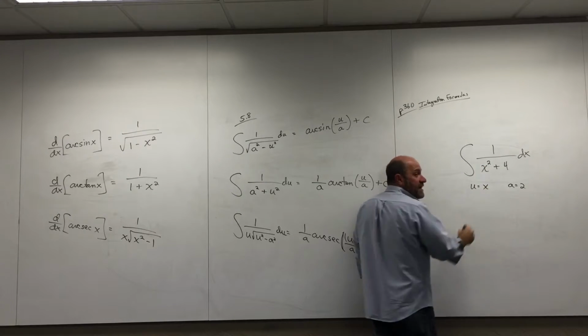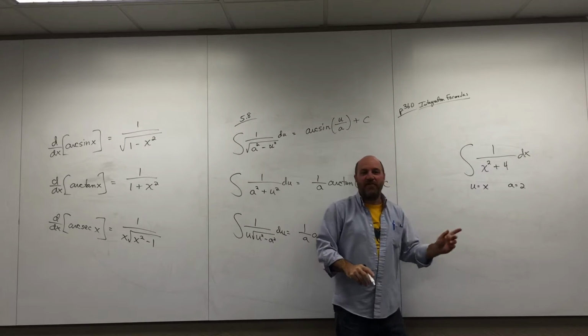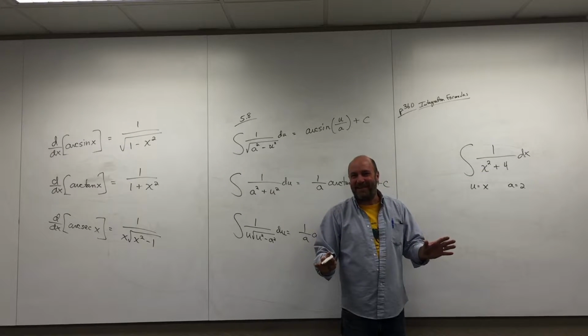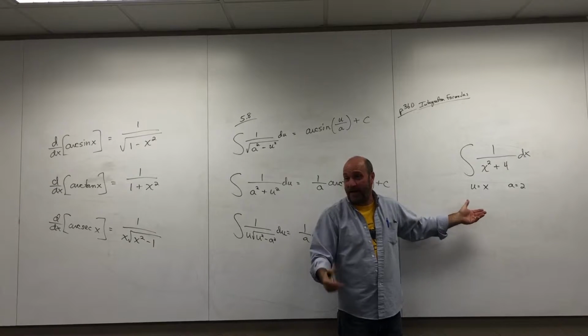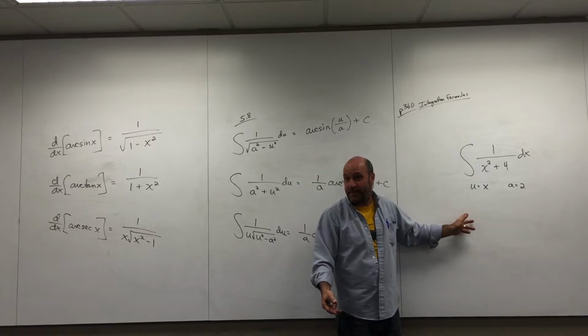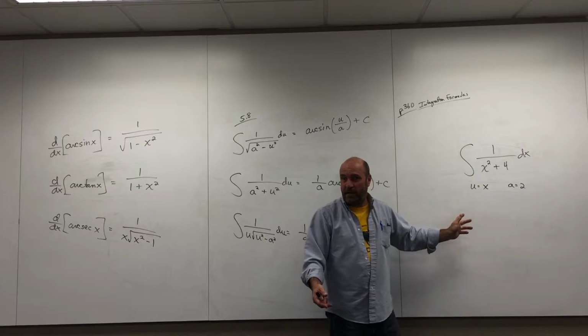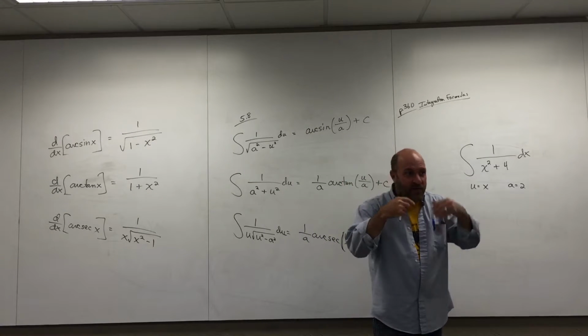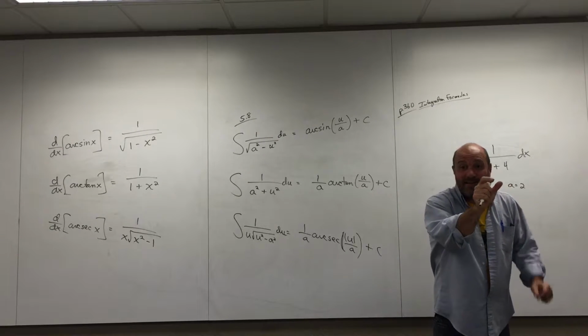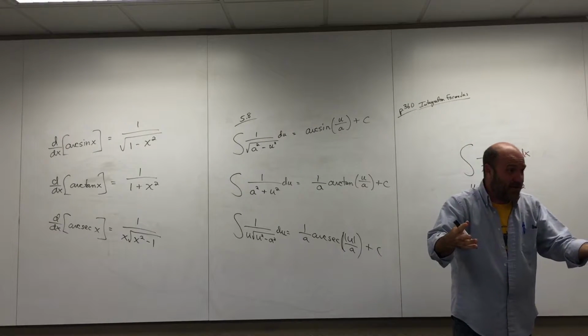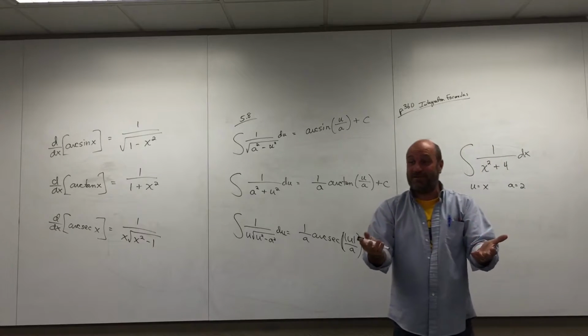U is x. Hey, when u is x, you never do a u substitution. It's kind of ridiculous, because all you're doing is replacing the x's with u's. And by the way, what's du? 1 dx. Yeah. If you ever think you're doing a u substitution and you're going to let u equal x, you don't really do that, because all you're doing is changing all the x's into u's.